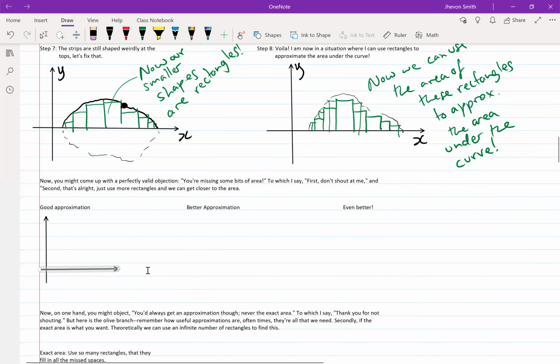So I can have some shape under which I need to find the area. So there's some shape right here.